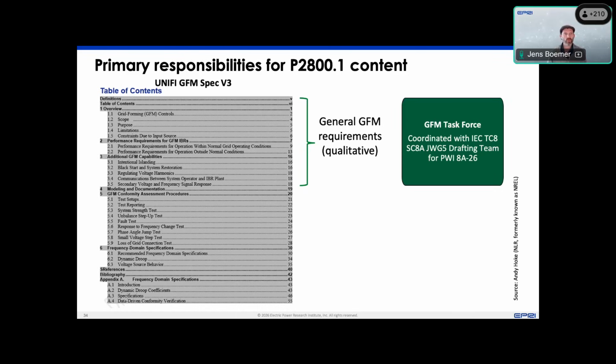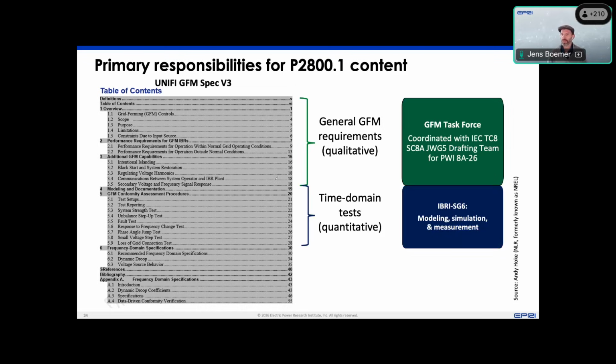And the way their scope maps to the IBR Interconnection Working Group subgroups and task force scopes is such that the Grid Forming Task Force will focus on these upfront and general requirements.